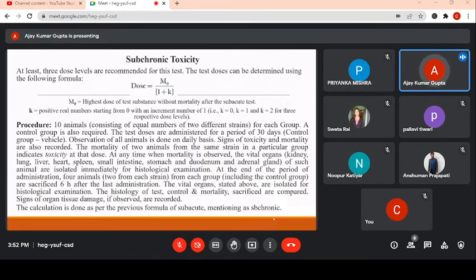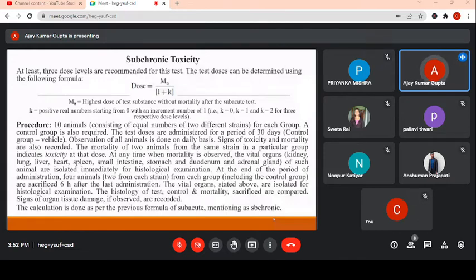So for the 3 respective dose levels, on the basis of this, the dose is calculated and followed. So for subchronic toxicity, 10 animals consisting of an equal number of 2 different strains, 5 of this strain and 5 of another strain, for each group.